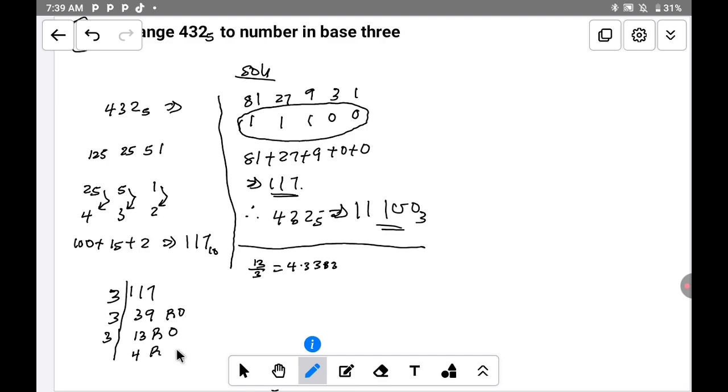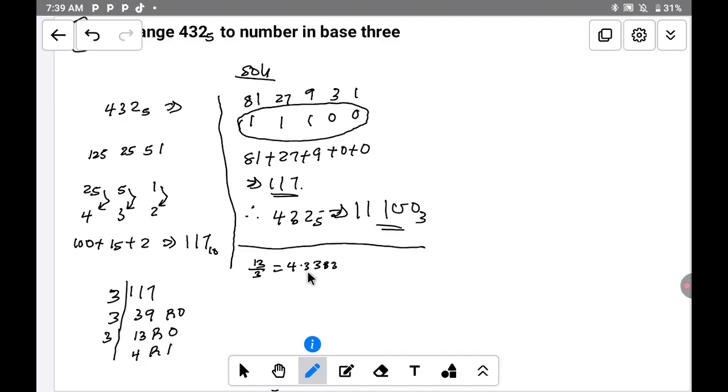To get your remainder, you have to multiply 4 times 3, that is 12. Then you subtract it from 13, that will give us remainder 1. So that means our remainder is equal to 1. If you use a calculator, this is what we get. Just write the whole number as it goes.